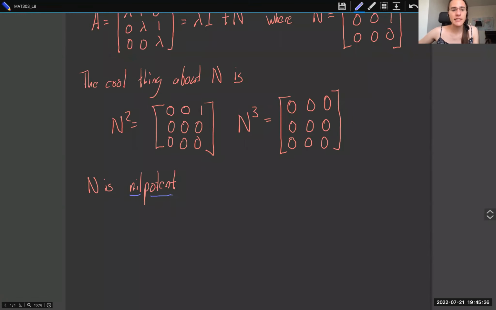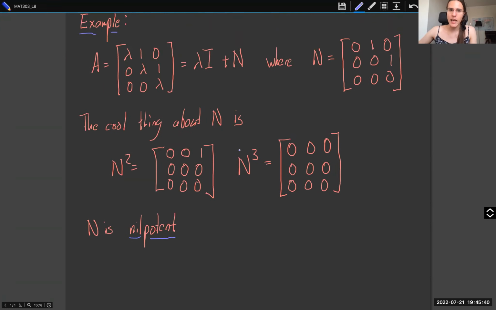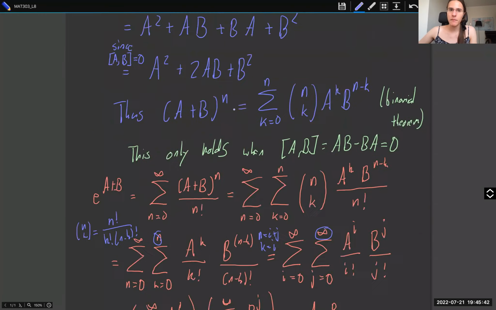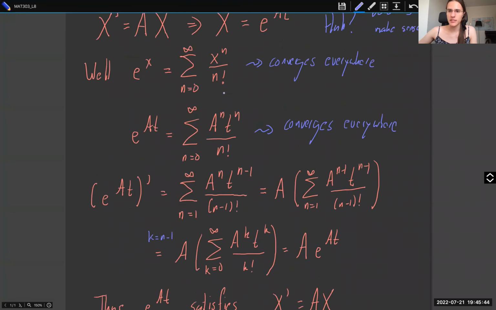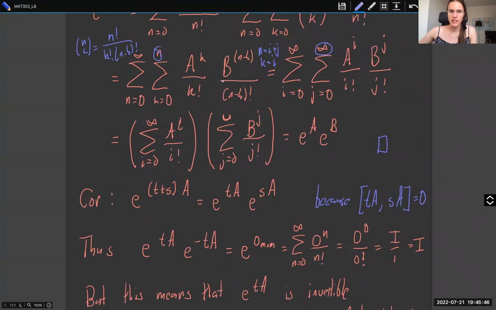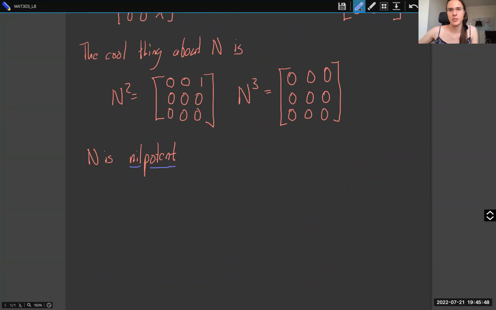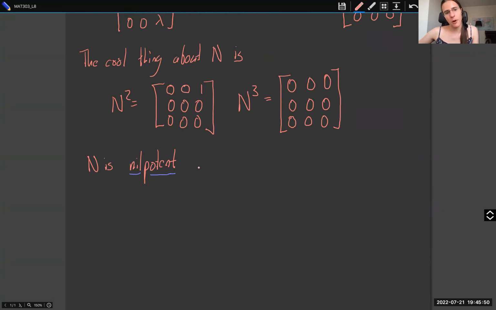And the key is that for nilpotent matrices, we can calculate what the exponential is. Why? Because in this infinite sum, most of the terms are zero after a certain point. So that's why we care about nilpotent matrices. N is nilpotent, meaning N to the K is equal to 0 for some K. Here, K is equal to 3.